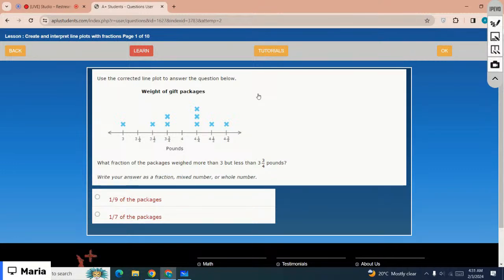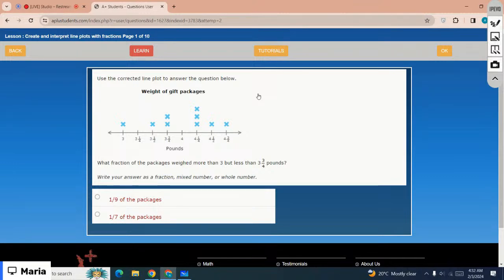Use the corrected line plot to answer the question below. What fraction of the packages weighed? That's the one we just did on the tutorial.